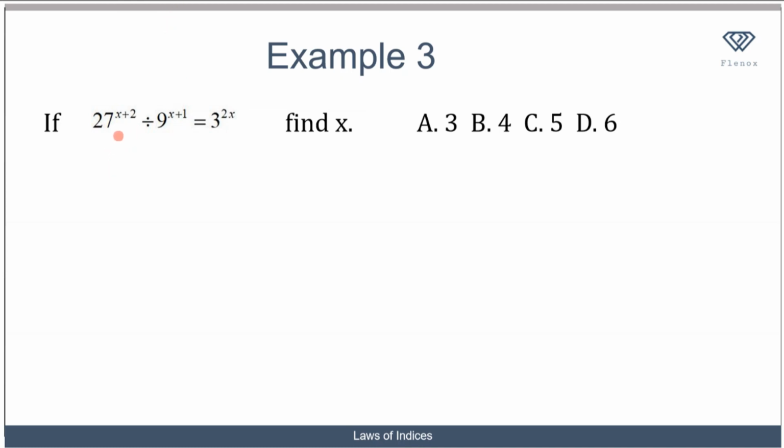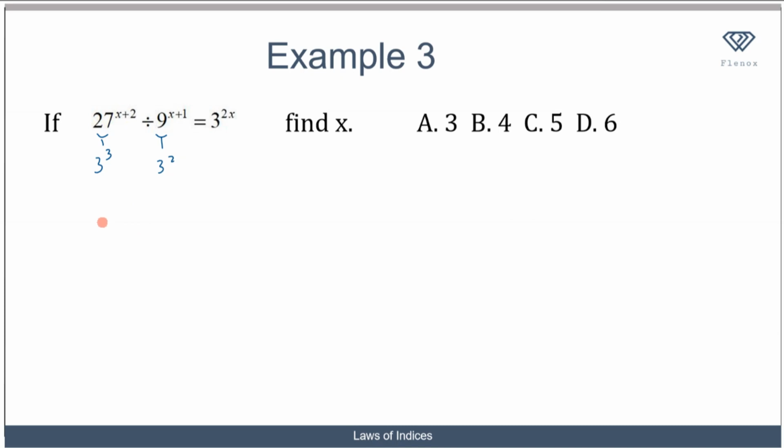Now, as I've mentioned, we need to first write everything in the same base, and to do that we can see that we can express 27 and 9 in terms of 3. So we know that 27 is 3 cubed, and we know that 9 is 3 squared. So we can substitute it there.